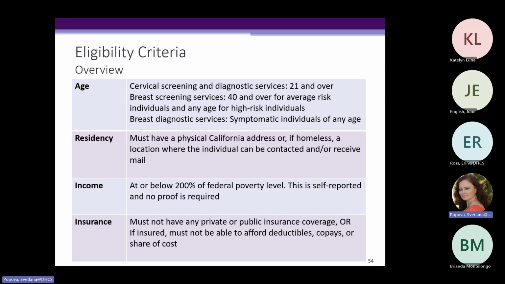What is important to remember, and I'll talk about it later, is that we're not asking for any specific information. What are their deductibles or co-pays? We don't judge based on whether your payment is $30 versus maybe $300 out of pocket. If people cannot afford it, they cannot afford it.